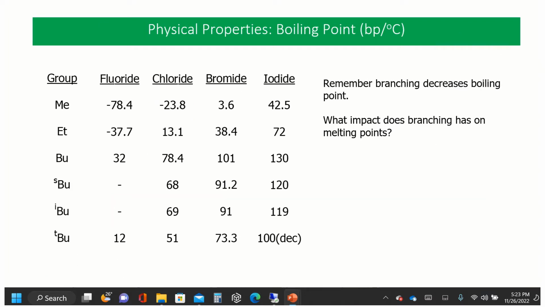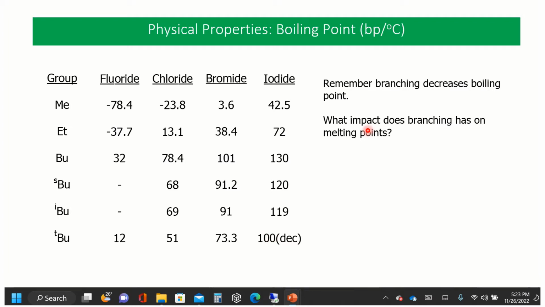As far as branching is concerned and the size of the group, note that as we increase the size of the molecules, there is an increase in the boiling point. However, as we increase branching, you can see that there is a decrease in the boiling point.